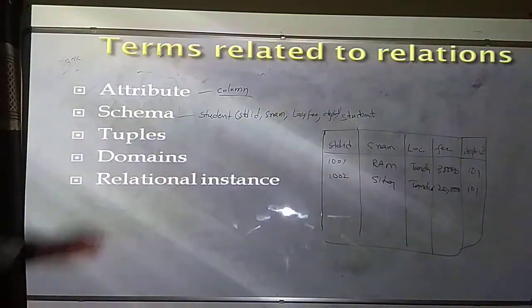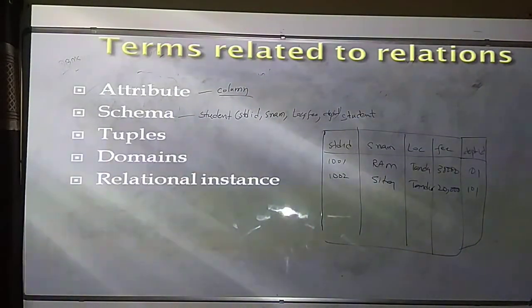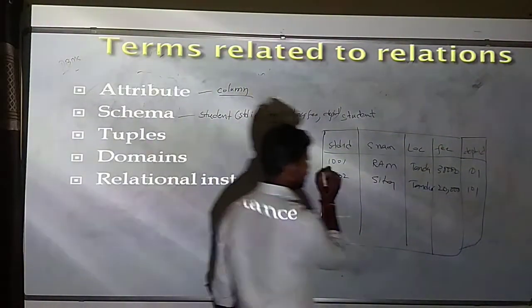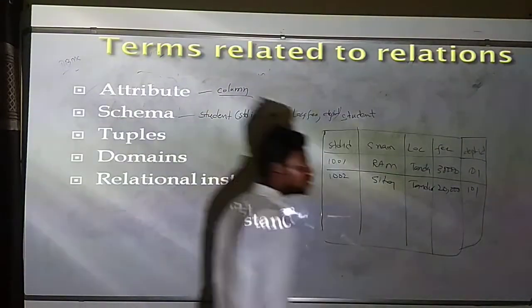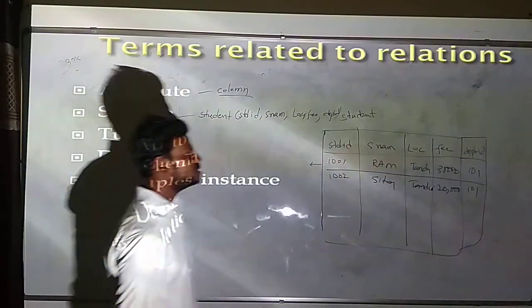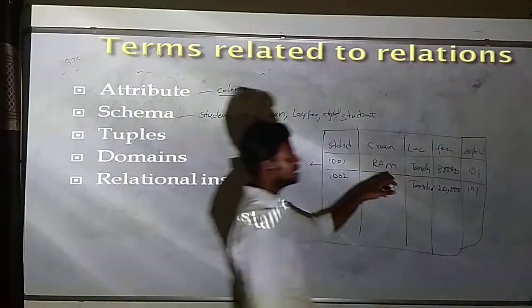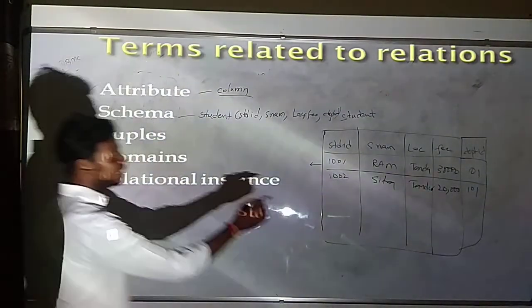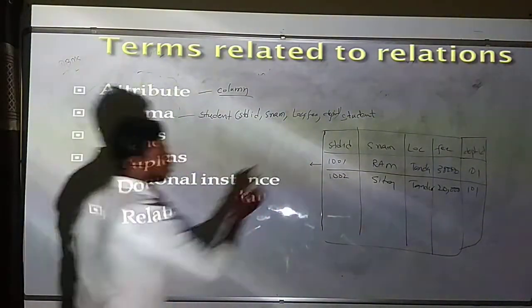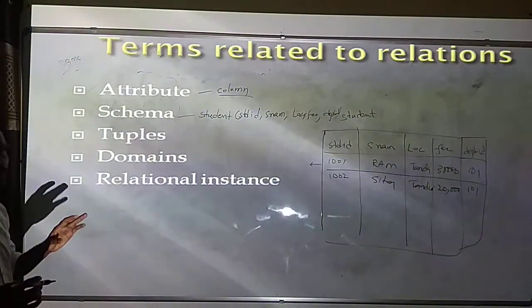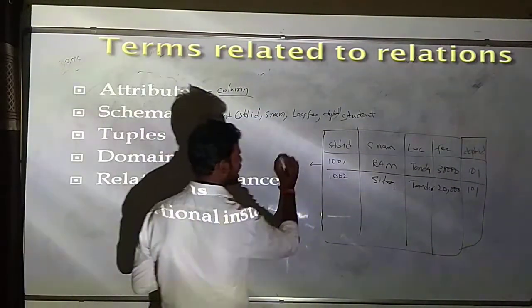If the table contains data like this, what do we mean by tuple? Tuples are nothing but the records that you present in your table. A record is a particular person's information. For example, Ram's information will be his ID, name, location, fees, and department ID. The complete information about a particular person is called a tuple, and this can also be called a record.